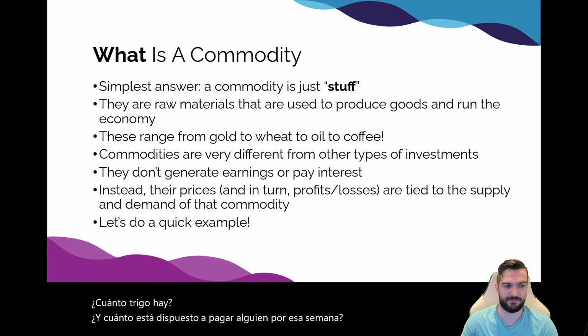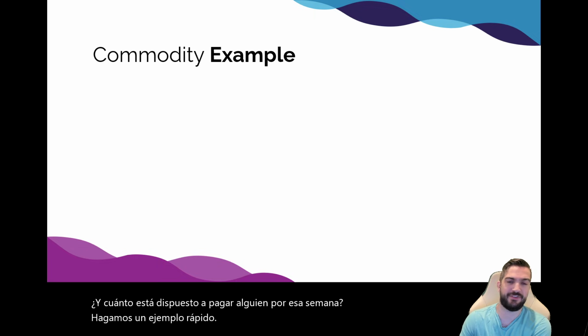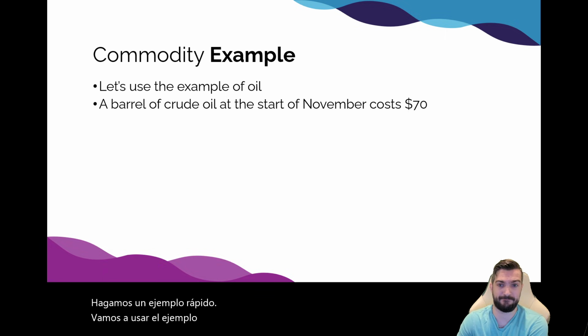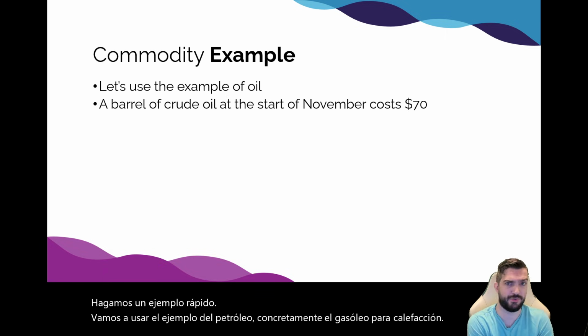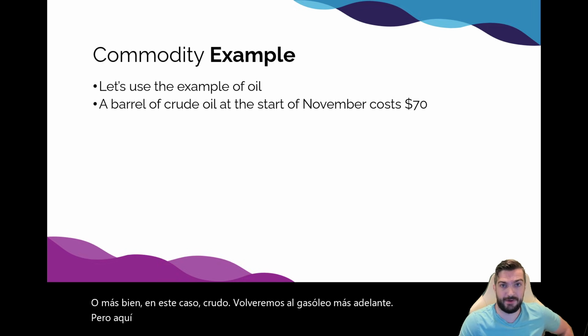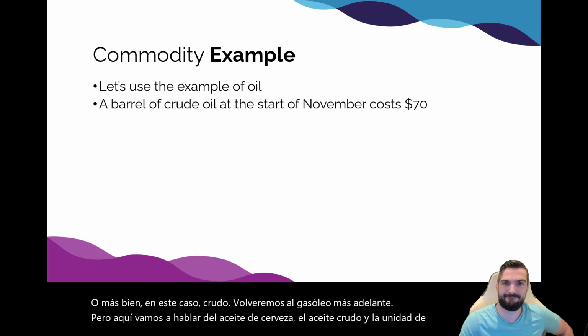Let's do a quick example. We're going to use the example of oil, specifically heating oil, or rather in this case, crude oil. We'll come back to heating oil later on. But here, we're going to talk about crude oil, raw oil, and the unit of measurement for it, a barrel.